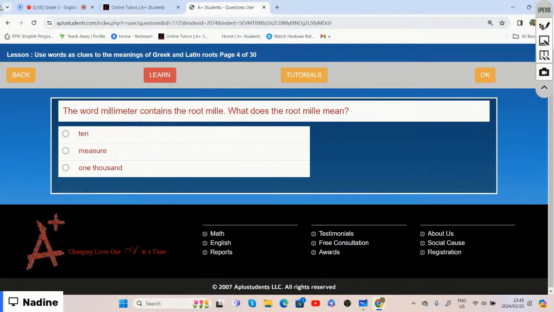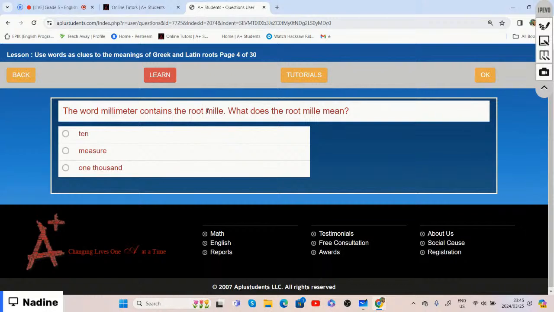It's milli with an I. They do actually say milli with an E, but remember the way it is written when you write millimeter, it is milli with an I, not mille.